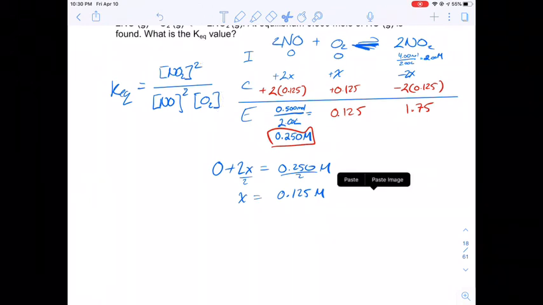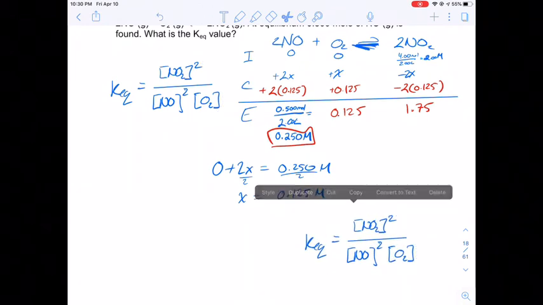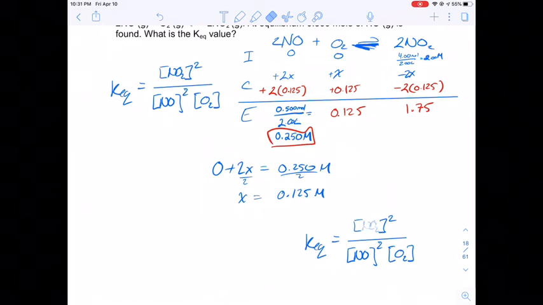Copy. I'm going to paste that somewhere. So let's replace these values with the new values. 1.75, or not given, we calculated them. We worked hard for those values. 0.250 and 1.25.